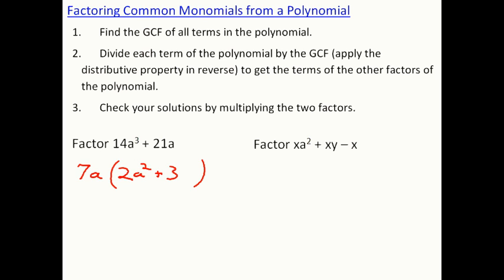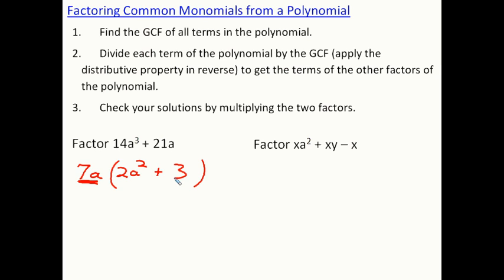We can also think through it this way: 7a times what gives me 14a cubed? That would be the 2a squared that we had earlier. And 7a times what gives me 21a? That would just be 3. So that's factored.